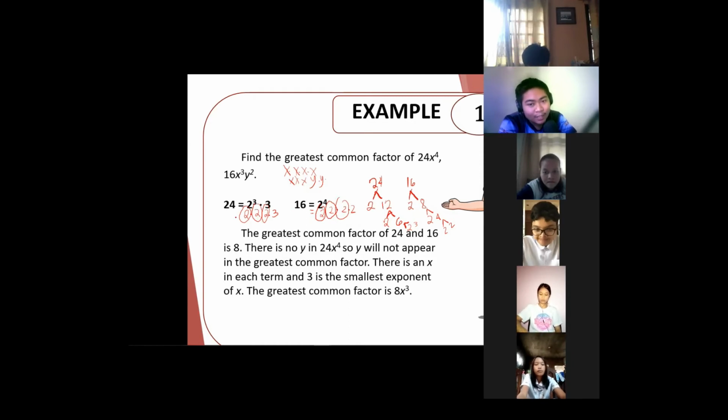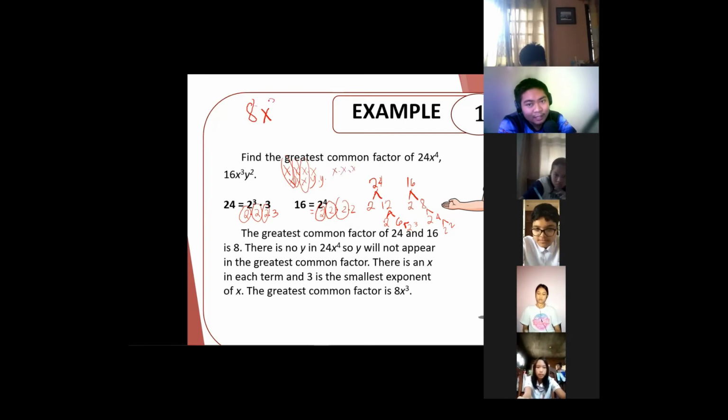So that would be 2 times 2, 4, times 2, 8. So their greatest common factor would be 8. How about for the variables? We have x, x, and x. Meron bang y si una? Wala na. Therefore, you will get x, x, x.